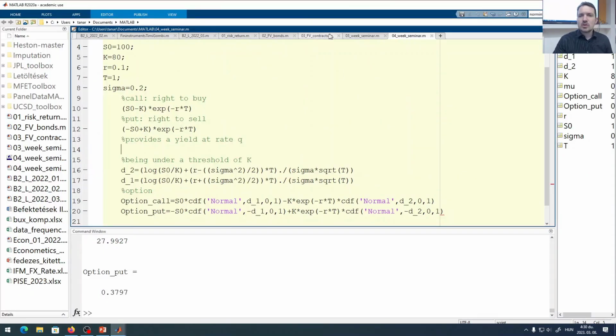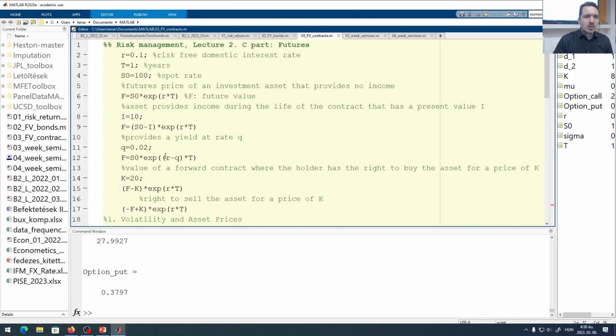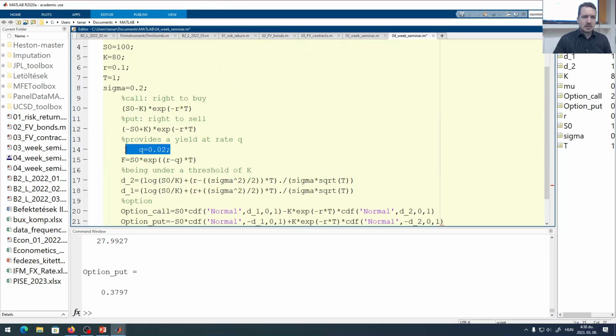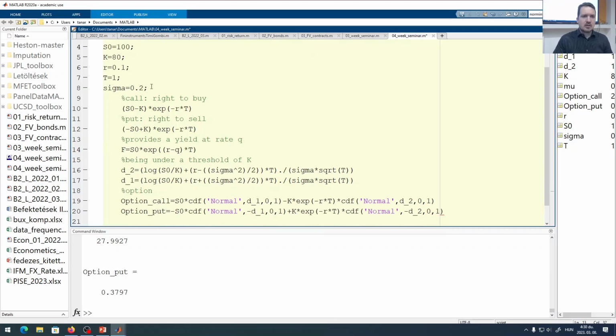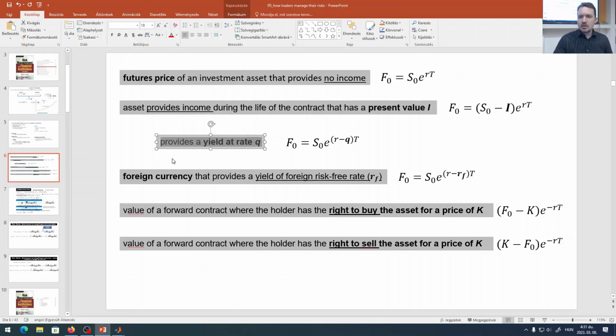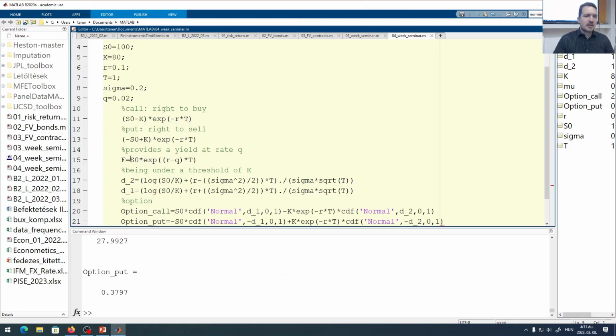Right now it's future value, but we can convert it back.